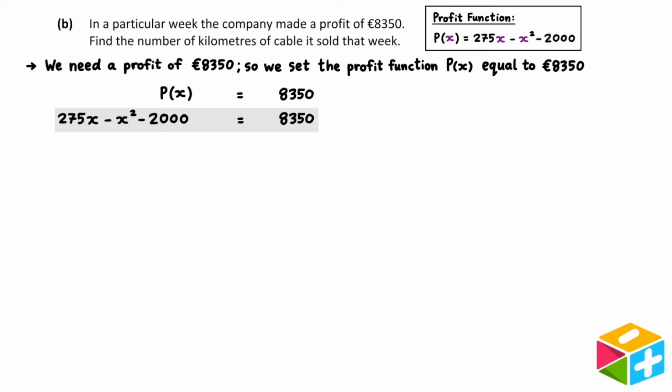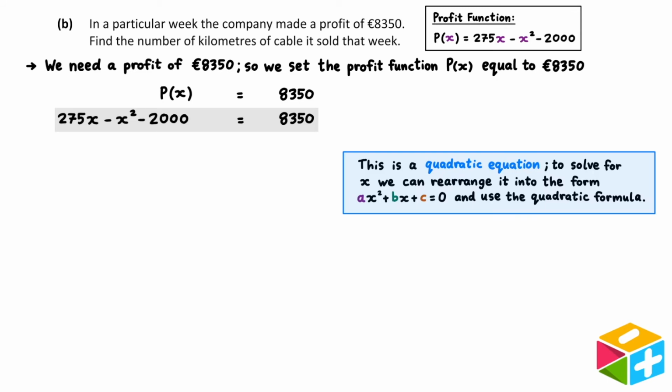This equation has an x squared term, an x term, and some number terms. We call this a quadratic equation. The quadratic formula can be used to solve this. However, before we can use it, we'll have to rearrange the equation into the form ax squared plus bx plus c is equal to 0.